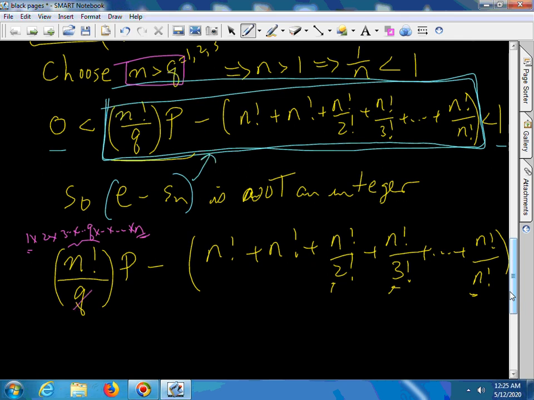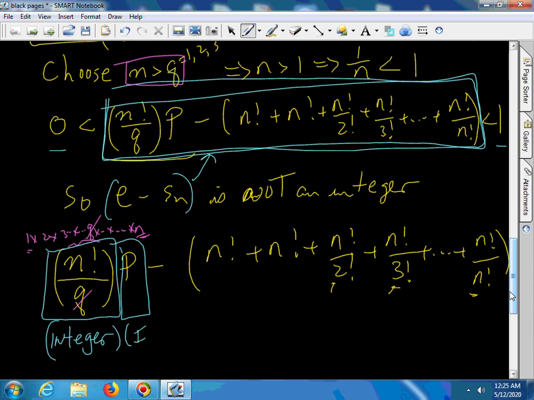And this q is going to go into it. That is, this here is an integer. And we are multiplying it by p. By definition, p is an integer. And we are subtracting an integer plus an integer.